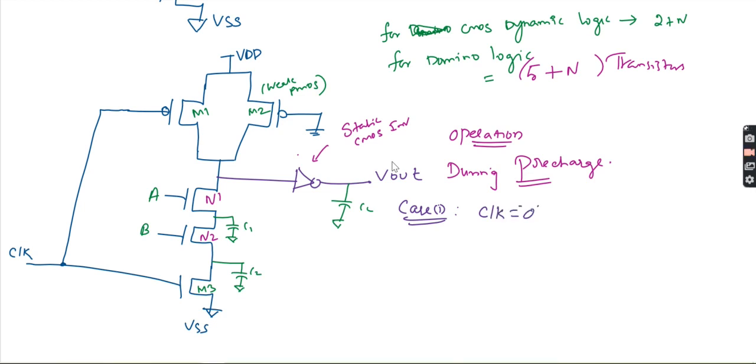During pre-charge, when the clock is equal to 0, it will be in pre-charge. So the top ones, M1, M2, are called pre-charge transistors. M3 is called the evaluation transistor.